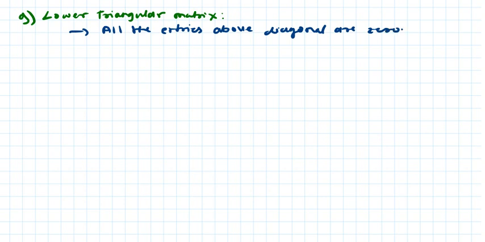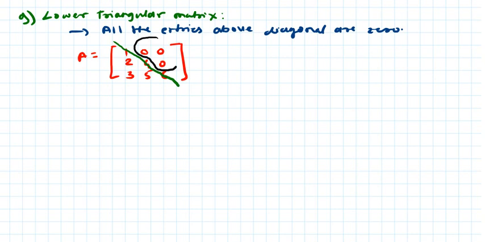For example, suppose I take a matrix like this: 1 0 0, 2 4 0, 3 5 6. If you observe here, again the diagonal contains the elements 1 4 6 and all the entries above the diagonal are 0. So that is why it is a lower triangular matrix.